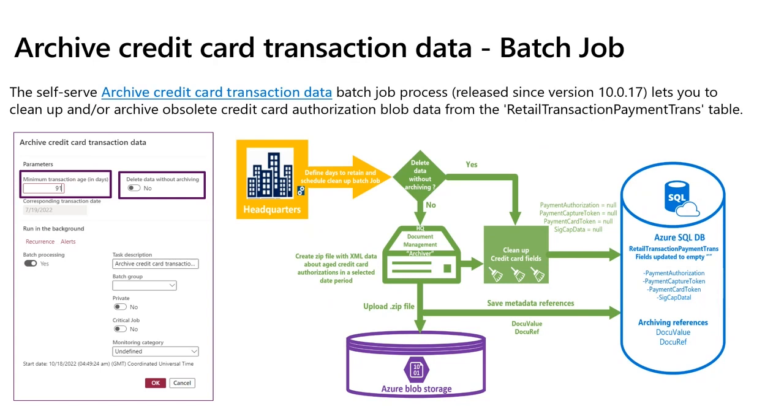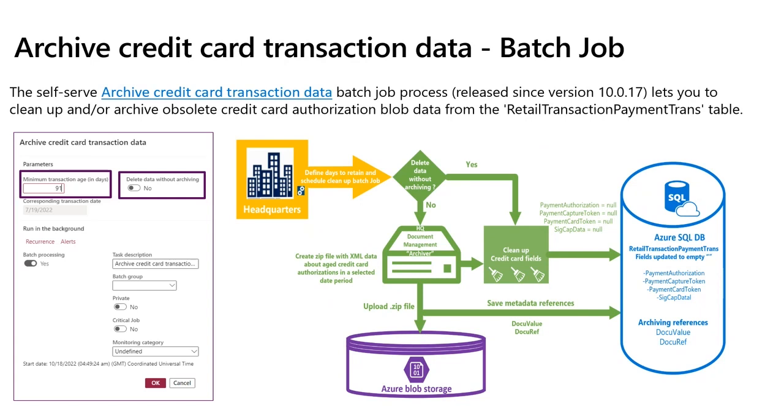The fields whose values are removed are the payment authorization, the payment capture token, the payment card token, and the SIC cap data fields. All those fields belong to the retail transaction payment trans table.